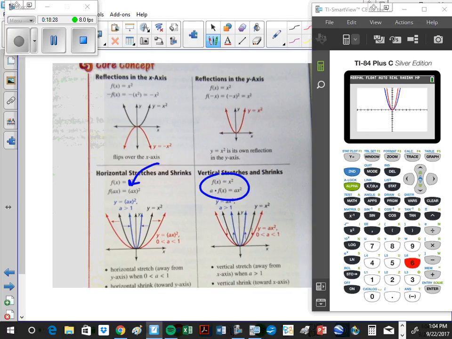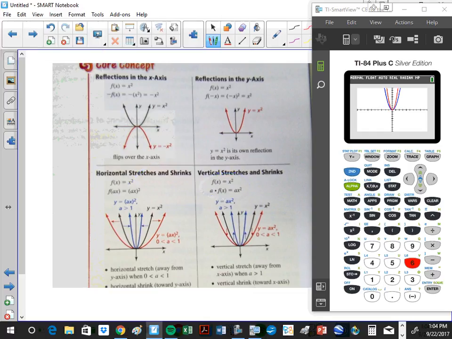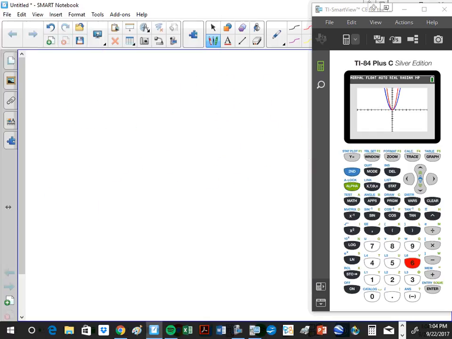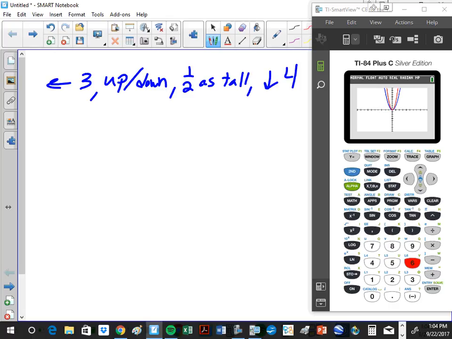So writing transformations. If I wanted to create a quadratic equation that is right 3, upside down, and then half as tall and down 4, what would the equation be?